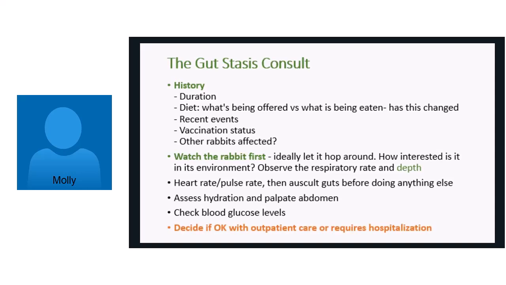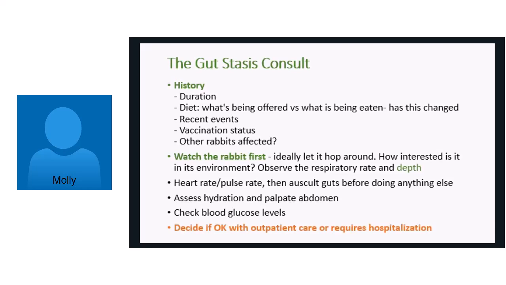And then finally, I want to know if there are other rabbits affected. And in most cases, unless there is an environmental trigger or a dietary trigger, and again, that's not necessarily consistent, then mostly it will be a single rabbit out of a pair or a group that is affected. As I say, unless there's something a little bit unusual going on.